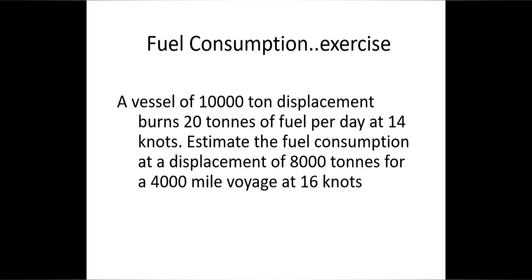VC1 by VC2 is equal to delta 1 by delta 2 to the power 2 by 3. Then I will be dealing with not cube, only squares: V1 by V2 square into voyage distance 1 over voyage distance 2.